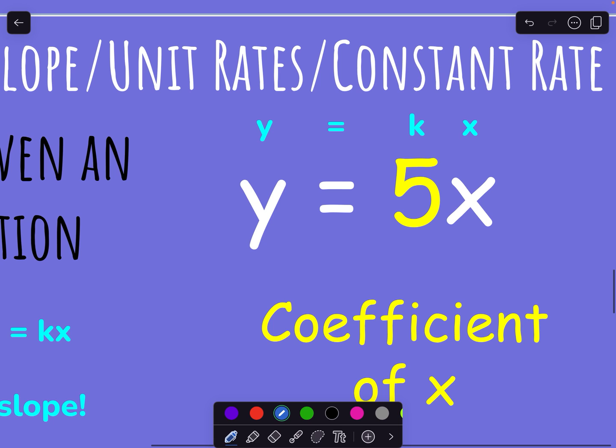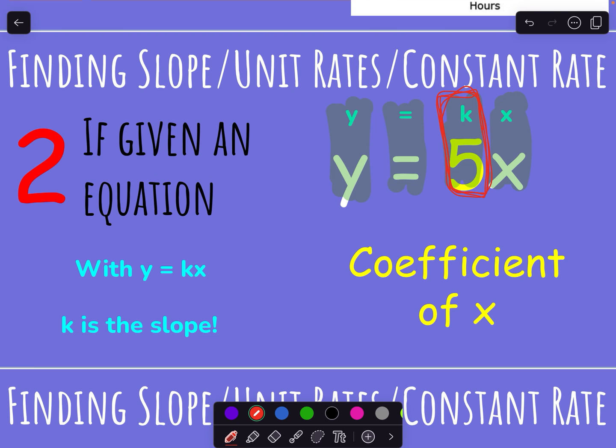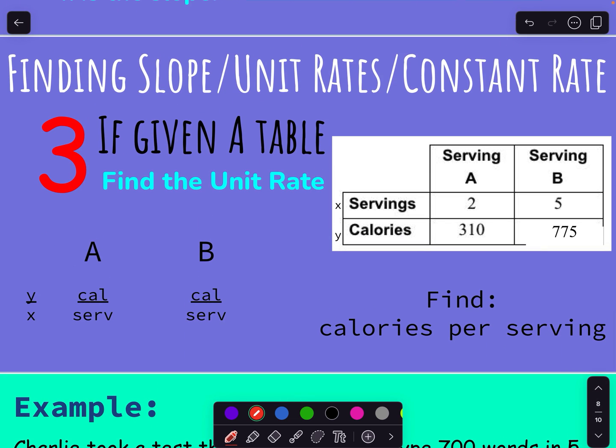So if it's y equals kx, and there's nothing else at the end of it, nothing else that looks weird, you would just say whatever this is, the coefficient of x, is your unit rate, is your constant rate. So here k would be 5. So you can tell from an equation. You can also tell from a table, or a chart like this.